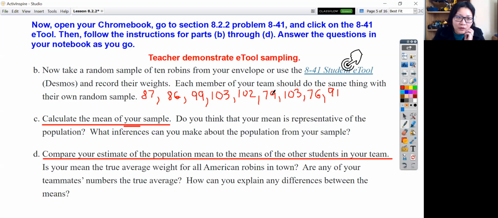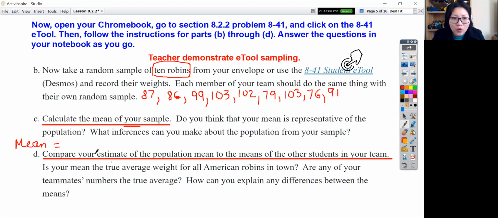Question B, calculate the mean. So the mean is average. What you do, you add all the numbers you have from your random sample of 10 robins, okay? Add these numbers together. 87 plus 86 plus 99 plus 103 plus 102 plus 79 plus 103 plus 76 plus 91.